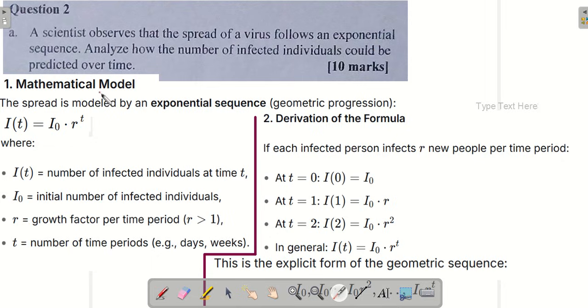Now the mathematical model: the spread is modeled by an exponential sequence, geometric progression.